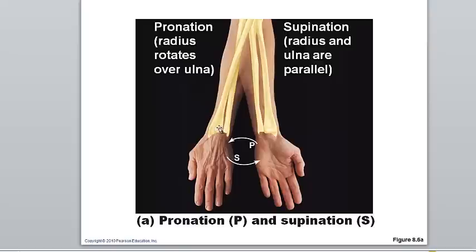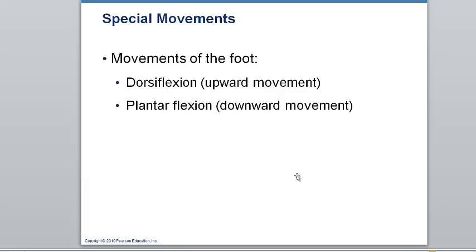This is pronation. This is the reason why we don't consider palms facing backwards as anatomical position, because your bones are not in normal position when you pronate. So that's why you have to have palms facing forward when you talk about anatomical position, because the bones are aligned normally. So here's your pronation and supination.